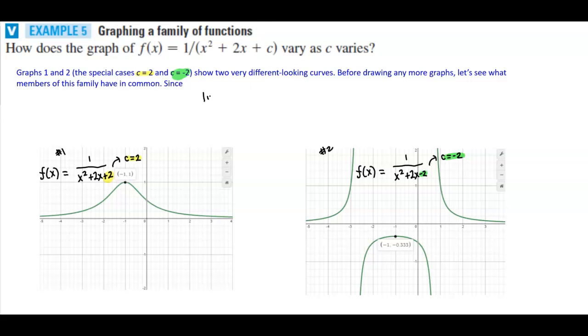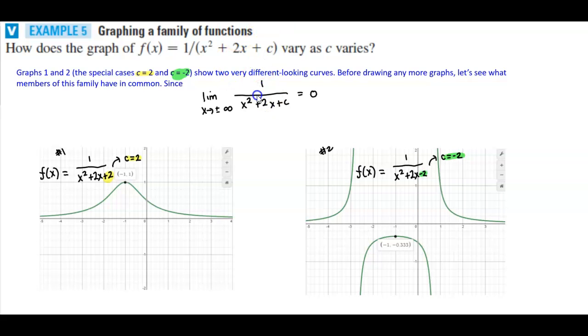The limit as x approaches plus or minus infinity of 1 over x squared plus 2x plus c is going to give us a value of 0.